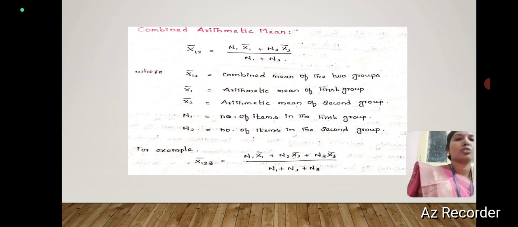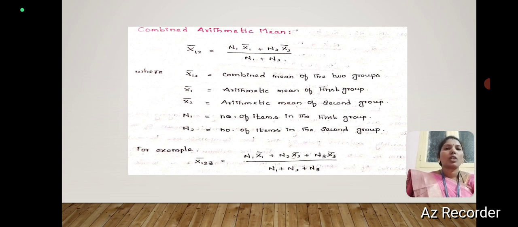This formula is used for the solution, that is x12 bar equal to n1 x1 bar plus n2 x2 bar divided by n1 plus n2, where x12 bar equal to combined mean of the two groups, x1 bar equal to arithmetic mean of first group, x2 bar equal to arithmetic mean of second group, and n1 equal to number of items in the first group and n2 equal to number of items in the second group.